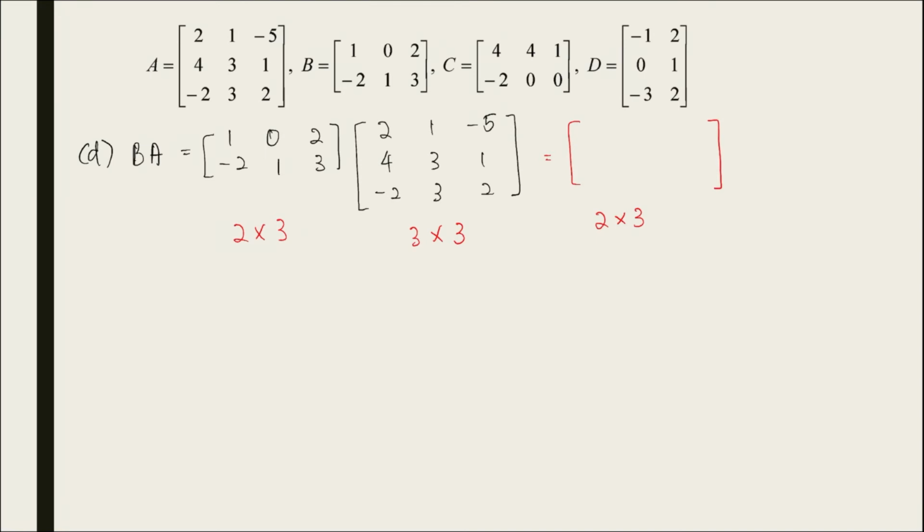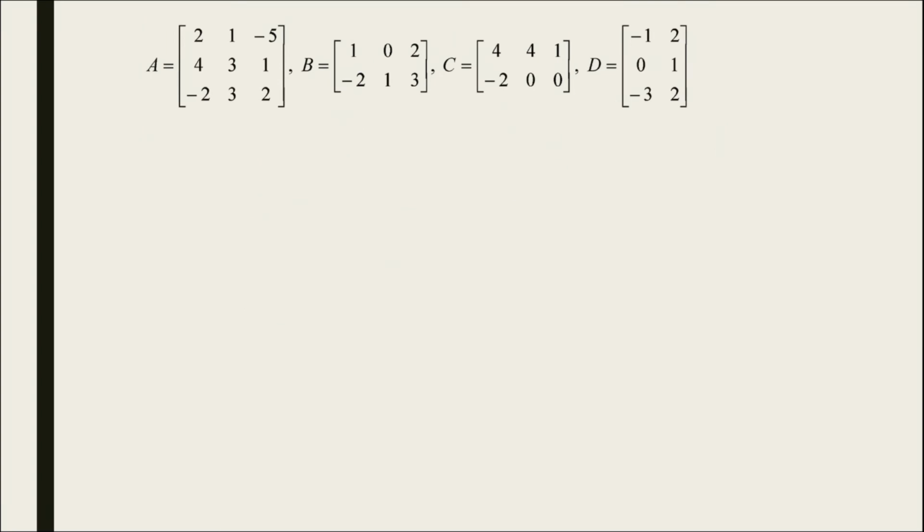How do I get that? You check the number at the back of matrix B, and the number at the front of matrix A. They must have the same value. Then the result is a 2 by 3 matrix. So I am going to leave this question for you to do on your own. We will proceed with question E.